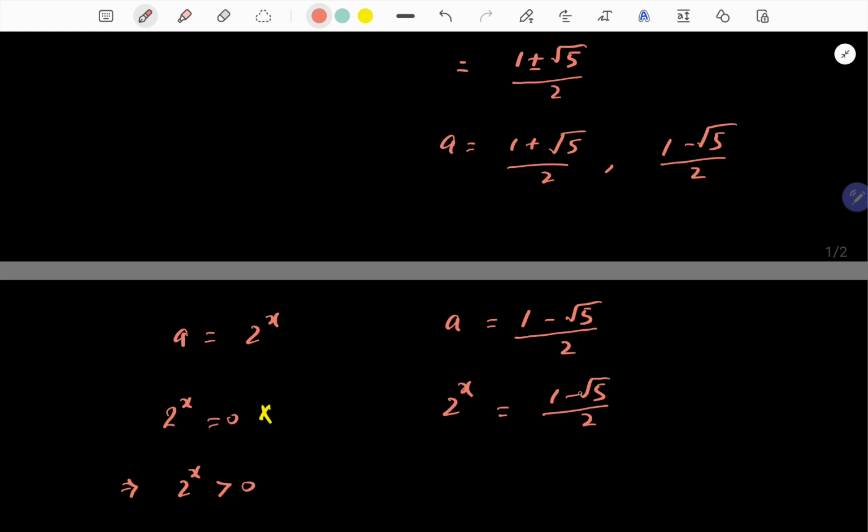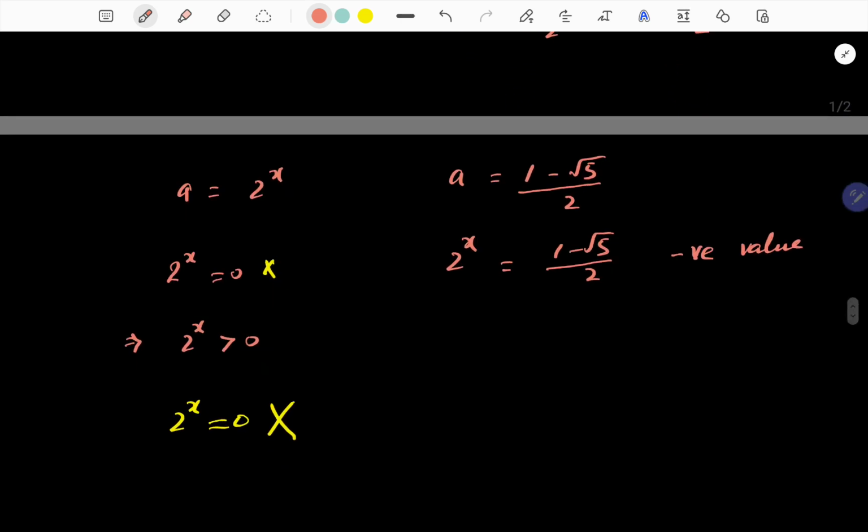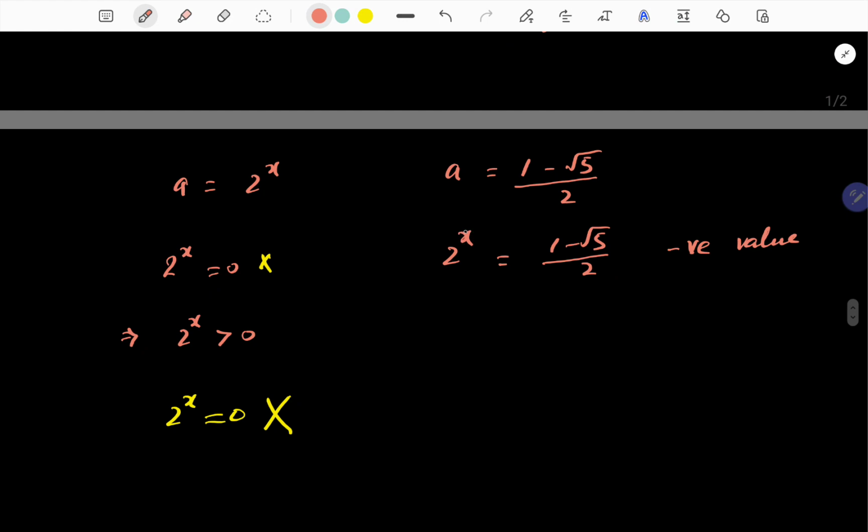Negative divided by a positive value gives a negative value. So 2^x is giving a negative value in this case. But for any value of x, 2^x always gives a positive value. So again, this is not a valid solution.